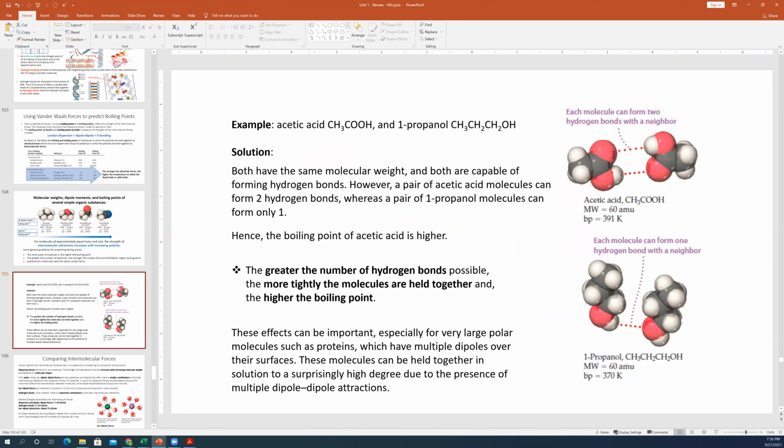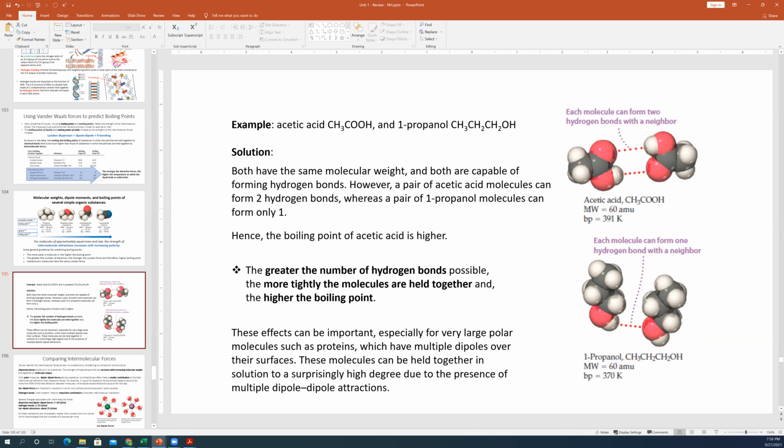This shows an important concept: if you have more molecules that can form hydrogen bonds, you can have a higher boiling point. So these two molecules of acetic acid will have a higher boiling point, 391 Kelvin, than these two molecules of propanol, which will only have a 370 Kelvin boiling point.